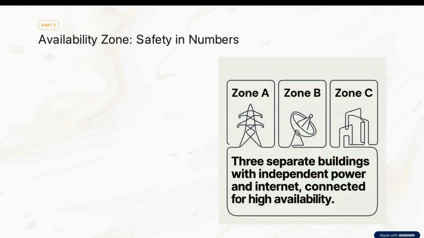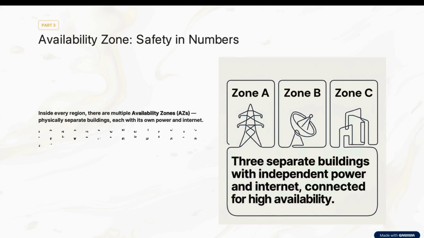Next is availability zone. Now, the most confusing term for many people is availability zone. Sounds fancy, but it's simple. Inside one region, cloud providers create multiple separate locations. These are called availability zones. Inside Mumbai region, there could be multiple availability zones. Let's say in Bandra, Powai, Thane.